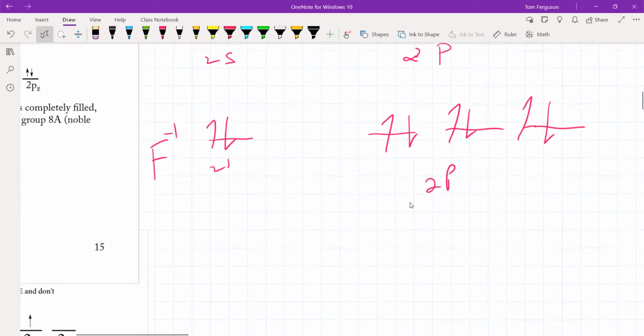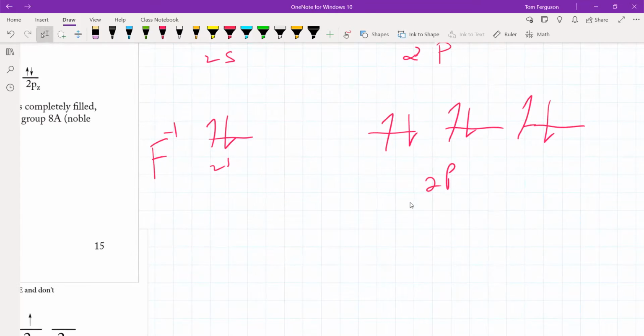Does that make sense so far? Yes. Remember, I always said that there's a cation and an anion pair. So sodium wants to lose an electron, fluorine wants to gain one.